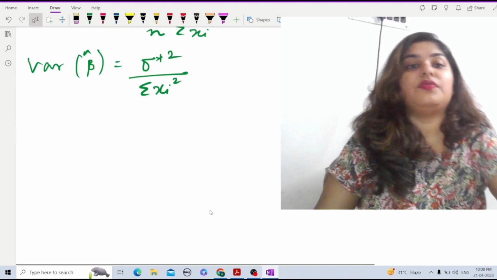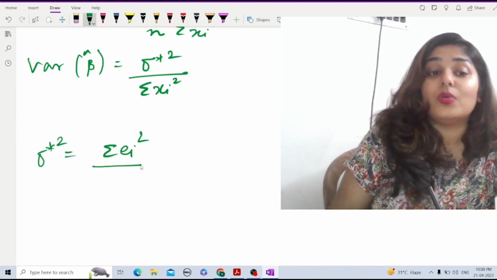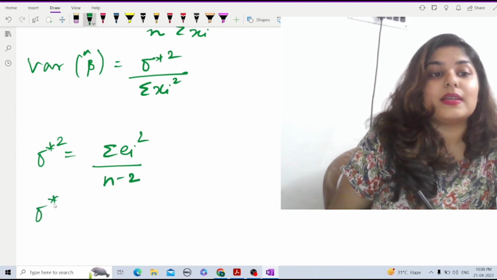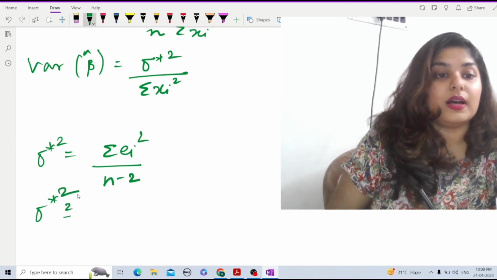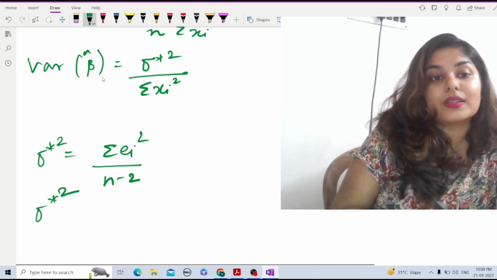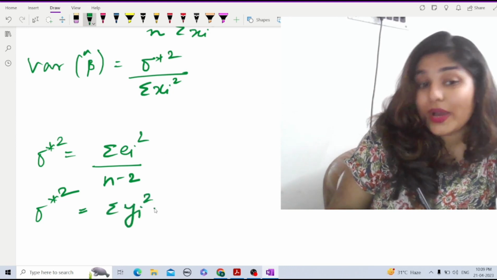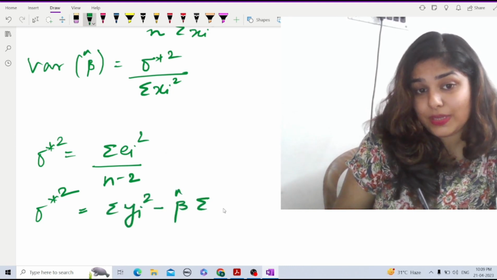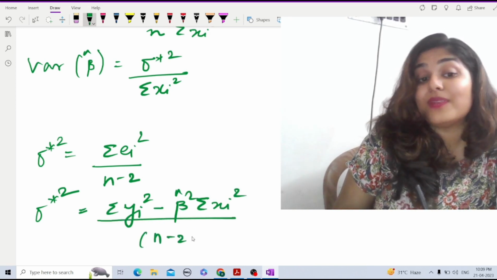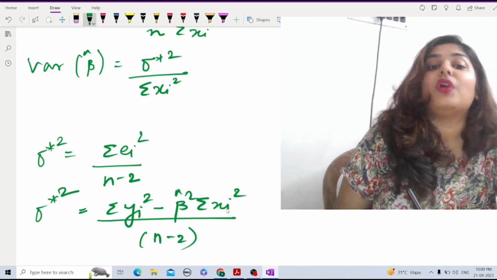Now let us calculate the value. So for which I need first the value of sigma star square. So sigma star square is summation ei square whole divided by n minus 2. So in place of ei square, what I'm going to write is summation yi square minus beta hat summation small xi square, okay, divided by n minus 2. Now if we look at these, we have small summation yi square, we have beta hat square, and we also have summation xi square.